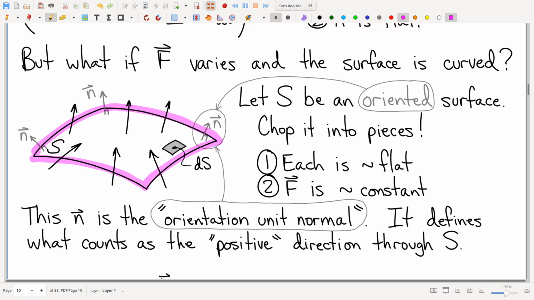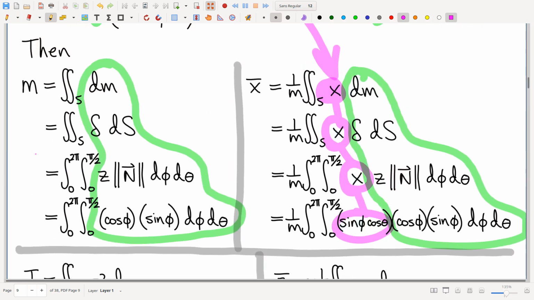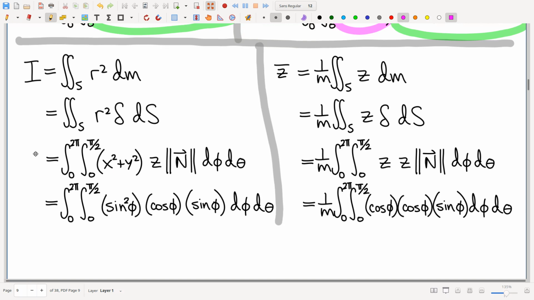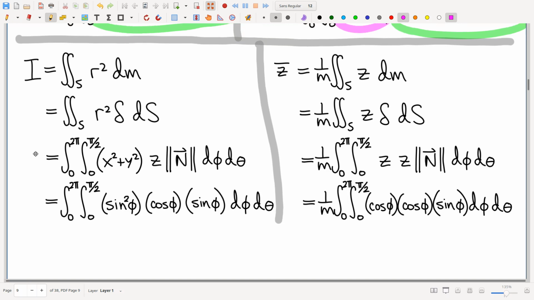So how do I distinguish the one from the other, and how do I decide which one of these is going to have to be called positive and one of them is going to have to be called negative? And so we have to decide first which direction are we going to call the positive direction through the surface. Again, not at all an issue for mass or center of mass or moment of inertia or anything like this. Direction doesn't matter at all.